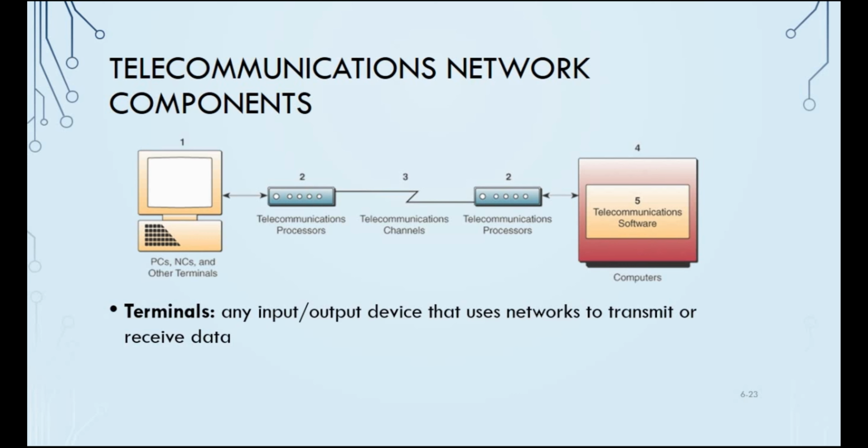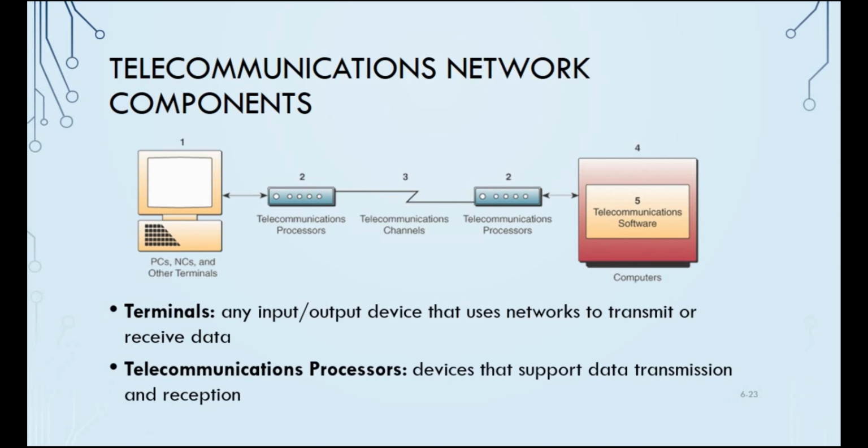So the terminal is the starting and stopping point of all the communication, just like the cell phone. Then telecommunication processors. These are the devices that support data transmission and reception. They provide a number of control and support functions. For example, data needs to be translated from analog to digital.